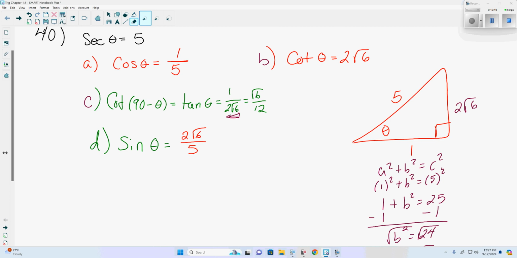Secant, so 1 over cosine. That's why, yeah. Yep, that is right, 1 over 5. Because it's hypotenuse over adjacent. Cotangent. Adjacent.